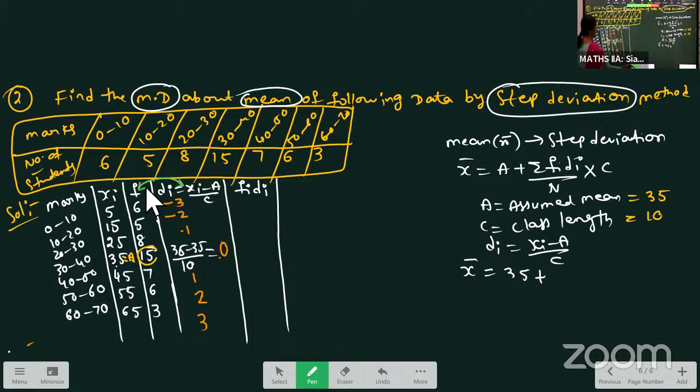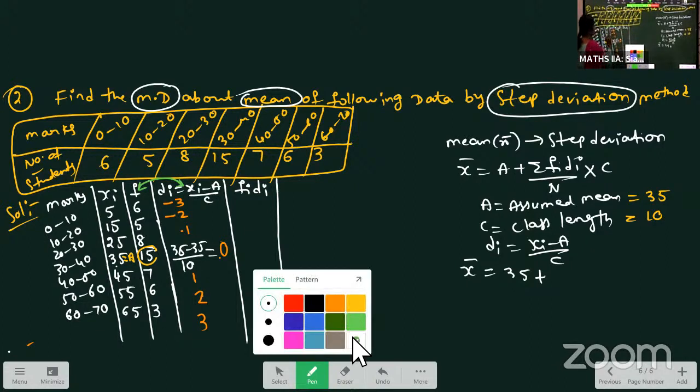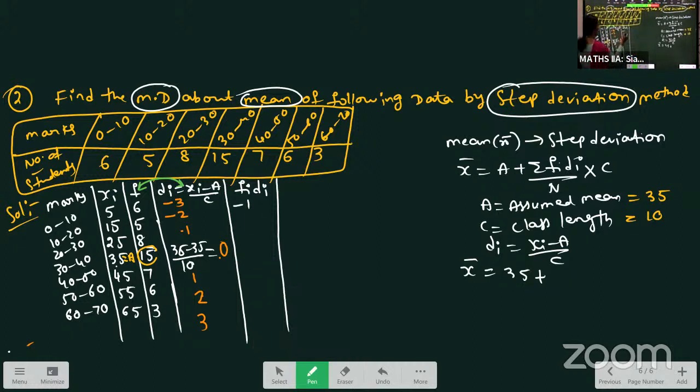If you multiply, the values are: 6 into -3, -18. 5 into -2, -10. 8 into -1, -8. 15 into 0, 0. 7 into 1, 7. 6 into 2, 12. 3 into 3, 9. Now we want the total of it.